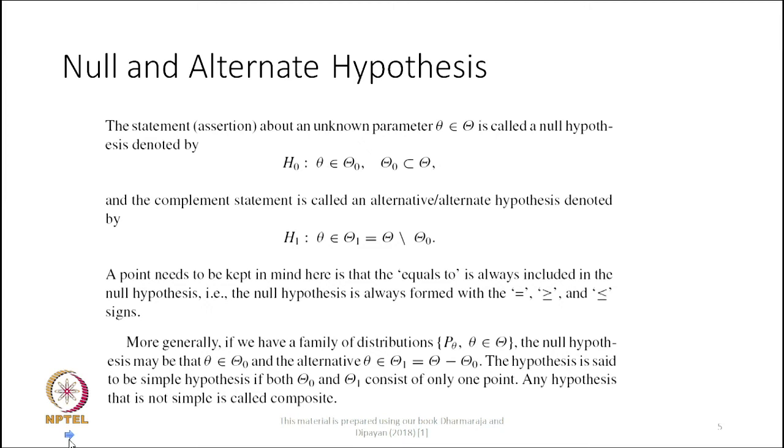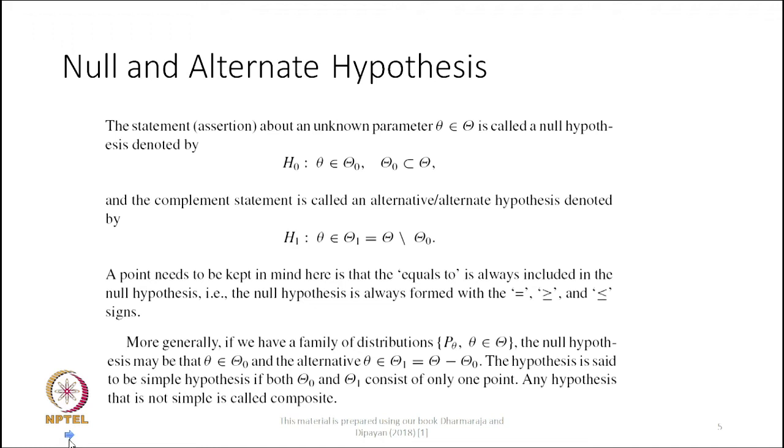We usually study the simple hypothesis in the beginning, and then later we will go for the composite hypothesis. We usually use the notation H suffix naught, which means the null hypothesis, that is the starting point, and the complement of the null hypothesis is the alternate hypothesis.